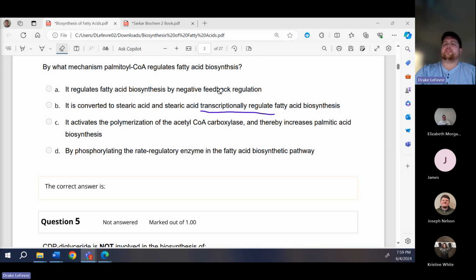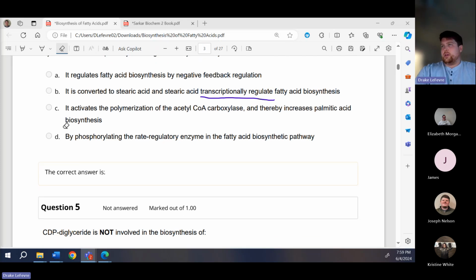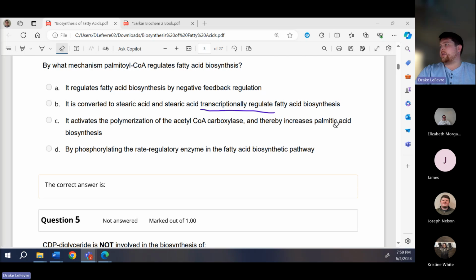There's just a handful of things that do feed forward, or positive feedback regulation, as we call it. The next answer, by phosphorylating the rate regulatory enzyme in the fatty acid biosynthetic pathway, says it's increasing palmitic acid biosynthesis, so rarely are we going to see feed forward stuff.